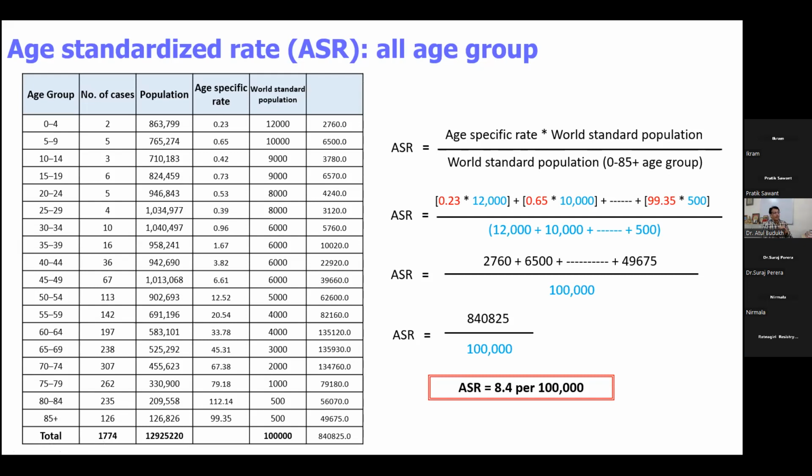The crude rate is the actual rate. Age adjusted rates are used for comparison purposes. Clear, Afghanistan team, or do you have a doubt? Yes, sir. It's a little clear. Okay, when you do the practical exercise, you again ask me the question. Okay? Okay, thank you.